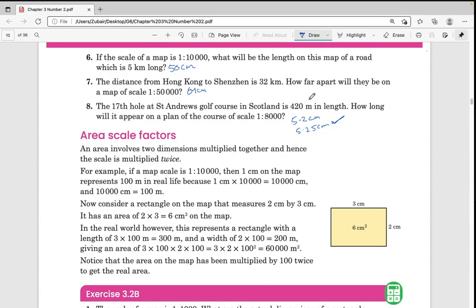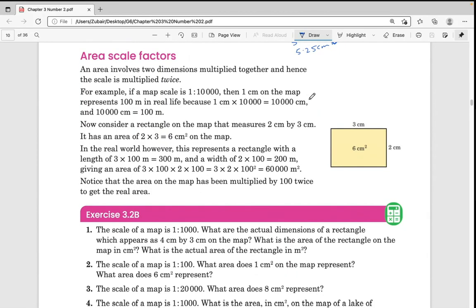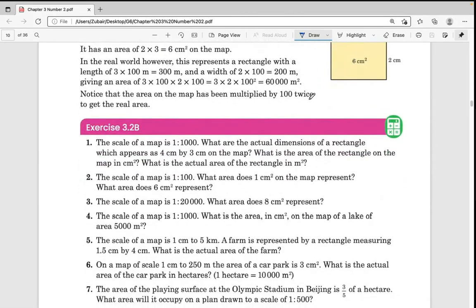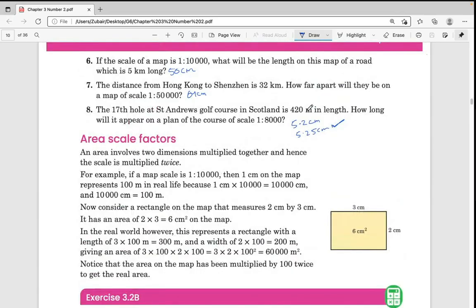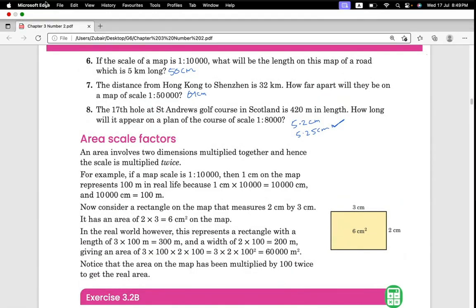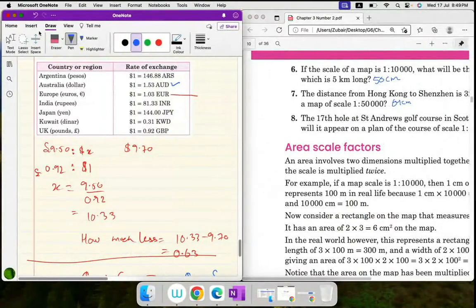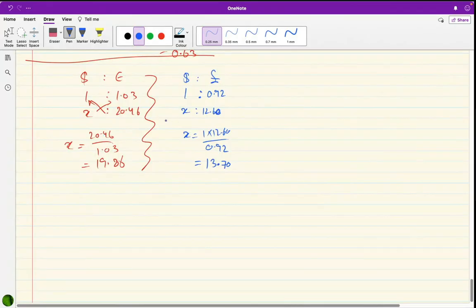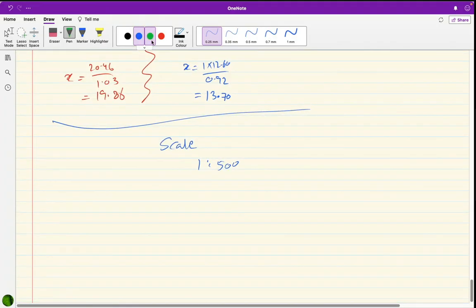Let me just touch the basics of area and scale, and do try them. It is exactly the same manner. For example, you have scale 1 ratio 500, and we know that the units are the same. So this is for length. For example, 1 ratio 500 centimeter.